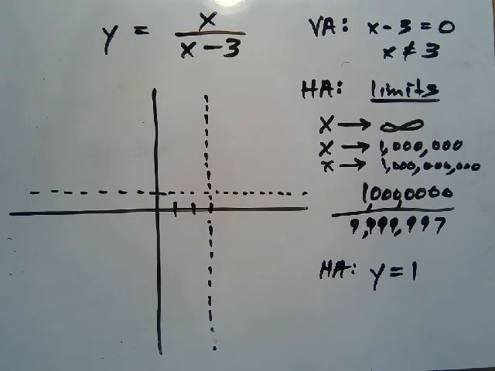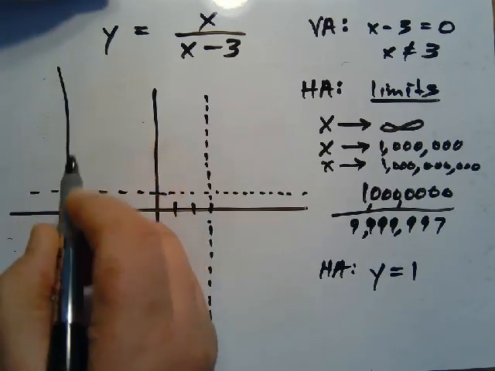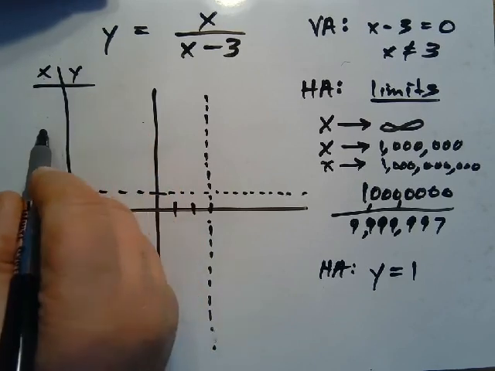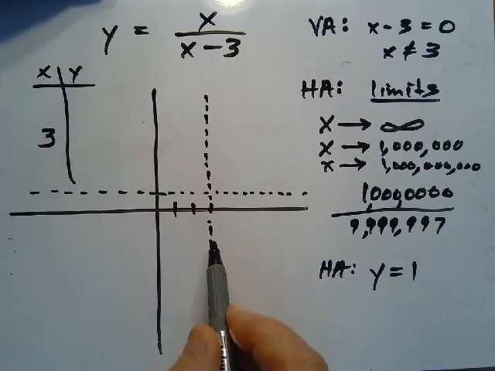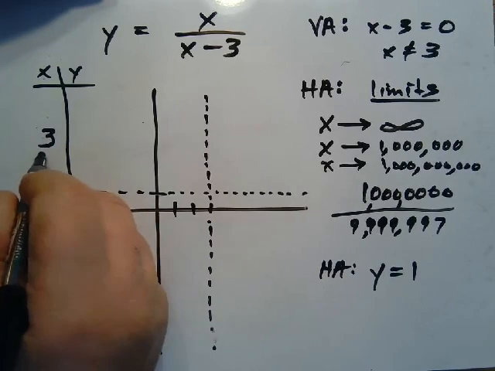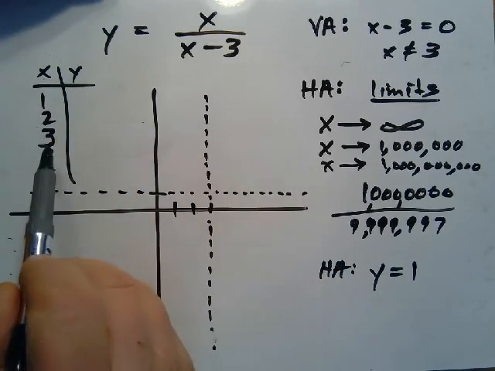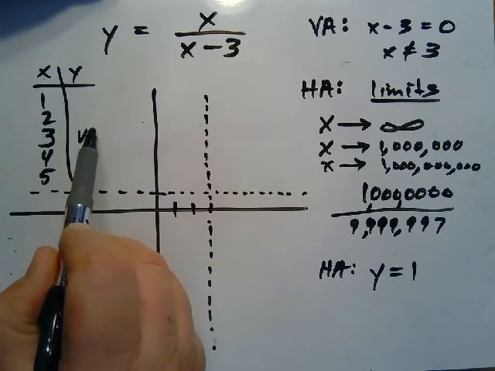Now, we don't need a lot of points because we know that these lines are going to kind of indicate where the graphing is going to go. But let's make a little table here just to kind of get ourselves going. We know that 3 is a spot where the x value can't be, but let's pick a value or two on both sides of it. If x is 4, this is the vertical asymptote here.